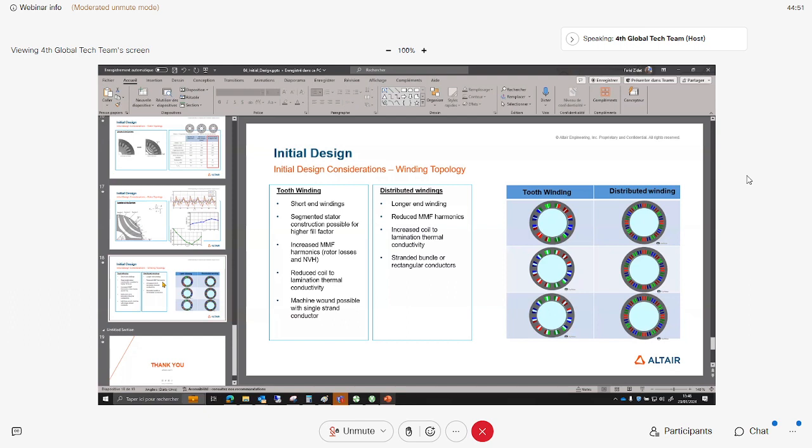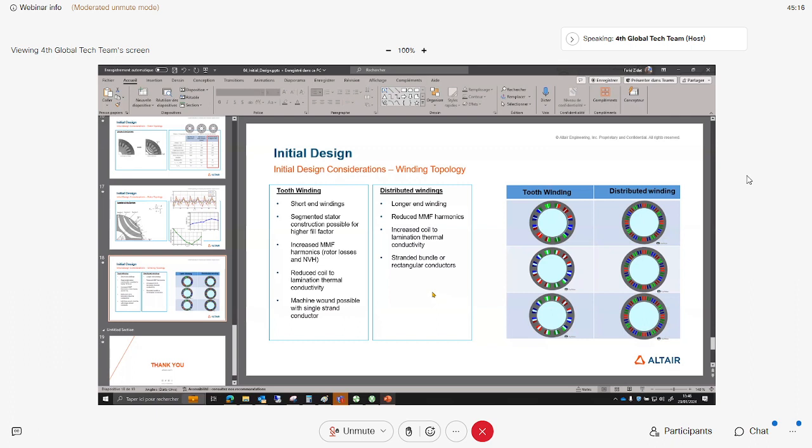The tooth winding can be economical because it has smaller end winding, so we use a lower quantity of copper. But it does increase the harmonics, so it will increase the losses, and it will have a bad thermal conduction.